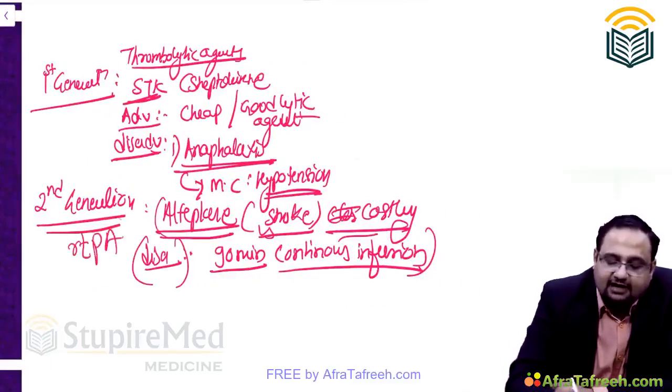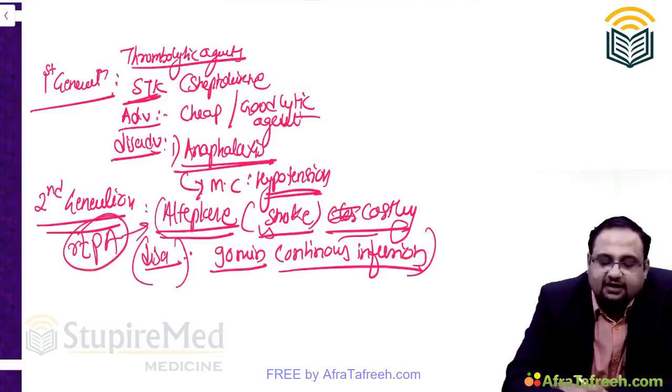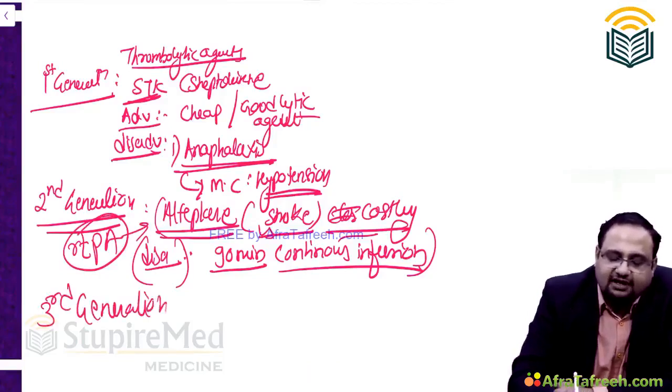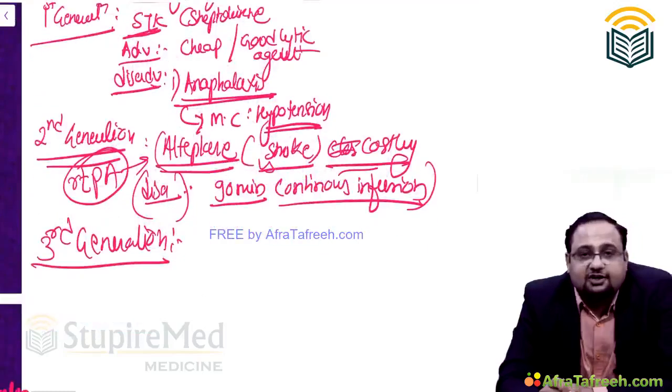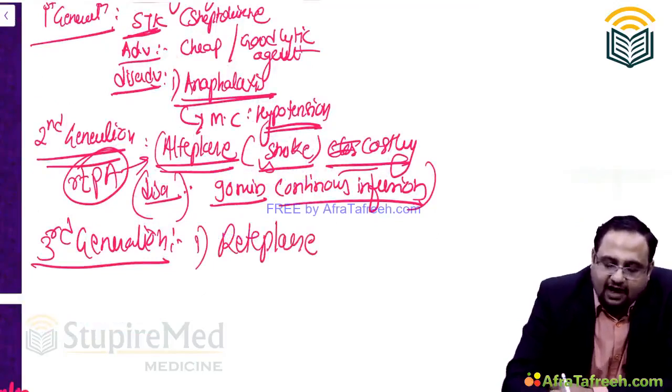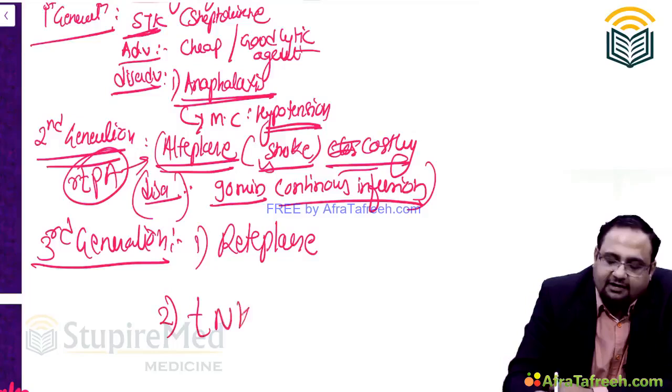Alteplase is no more used nowadays in myocardial infarction. The third generation thrombolytic agents, which are very important and routinely used, are number one, Reteplase, and another, TNK-tPA, Tenecteplase.